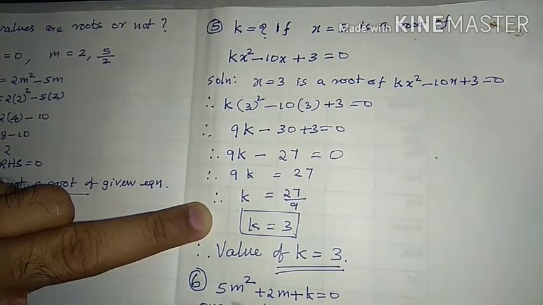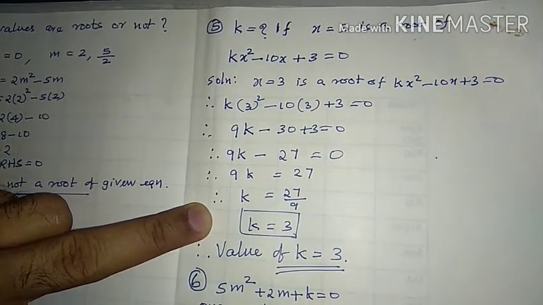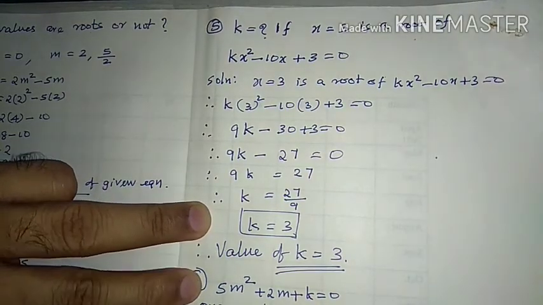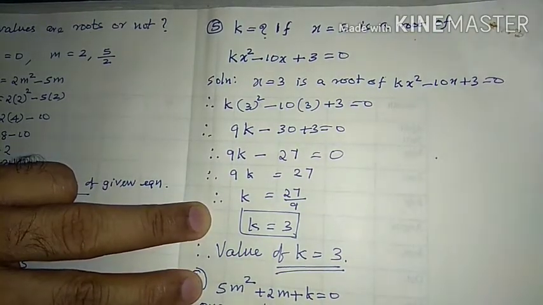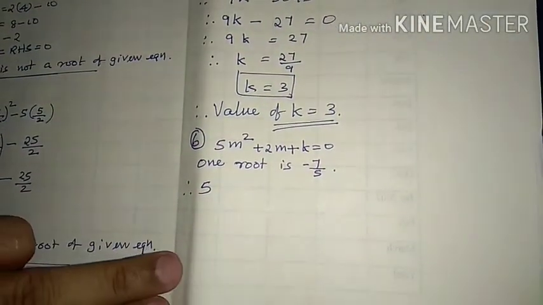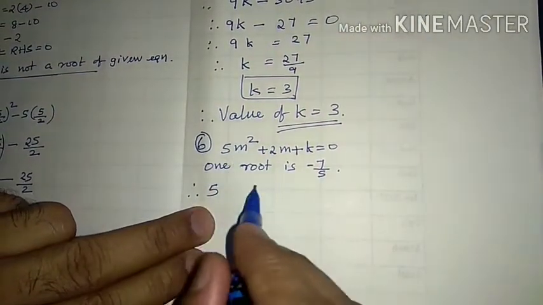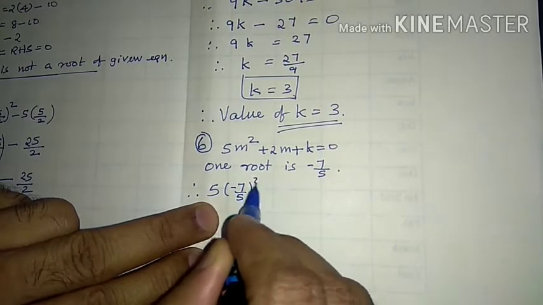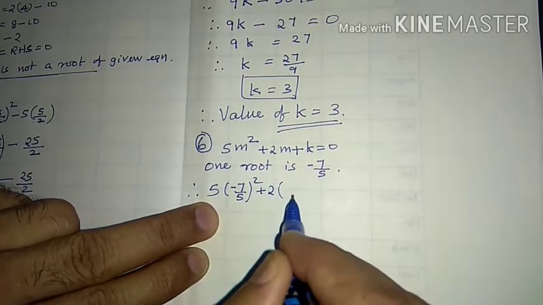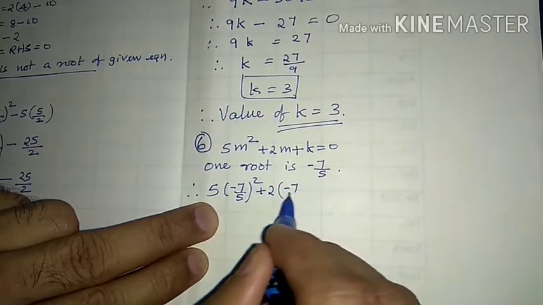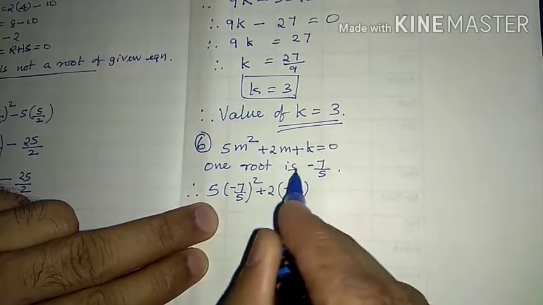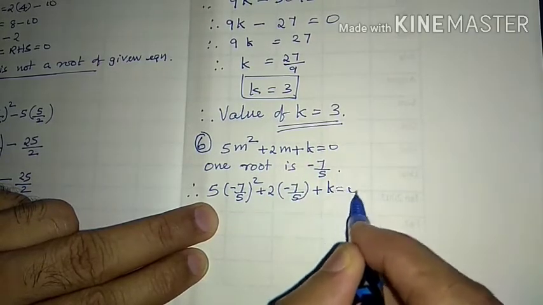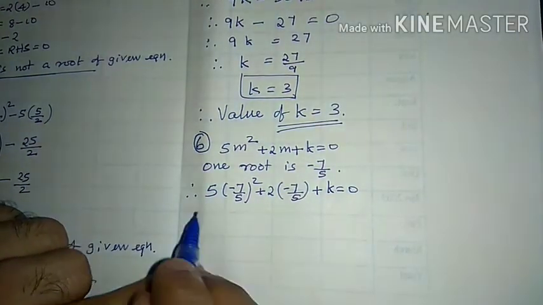It is a root of this equation. So you substitute this in this equation and simplify, you will get the value of k. Let us do it. 5 into m square, m is minus 7 by 5 the square, plus 2 into minus 7 by 5, value of m, plus that k equal to 0.